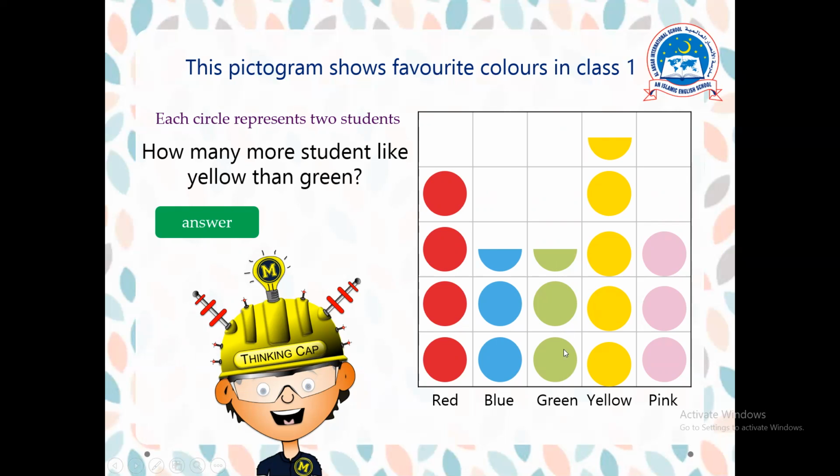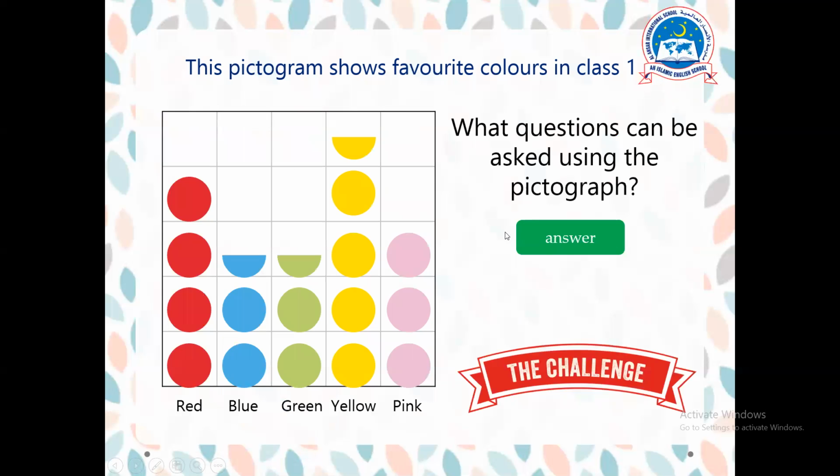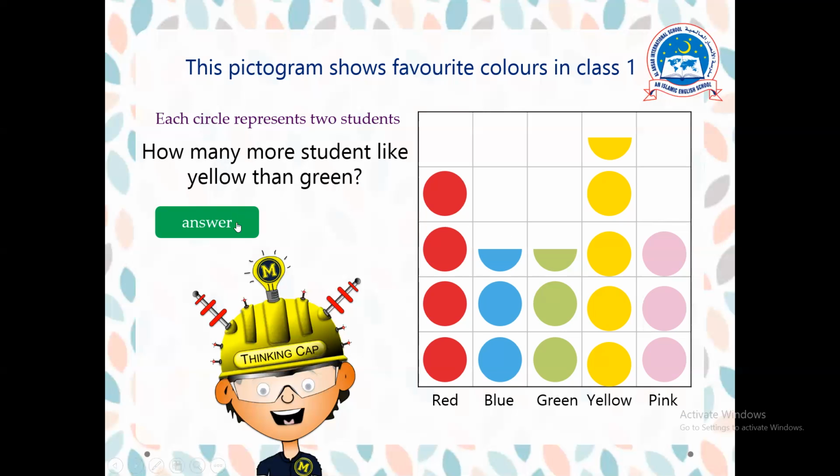So 5 students like green, and yellow, how many? 9, right? So how many more students? 1, because here only 1 student, but here we have 2, so I have 1 more. So the total is 4. Well done.